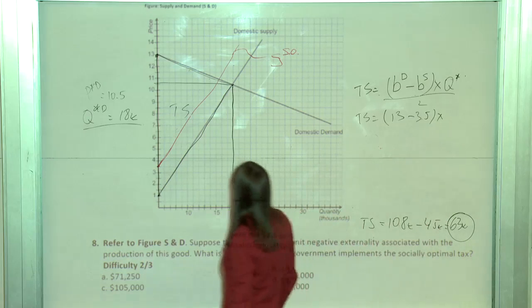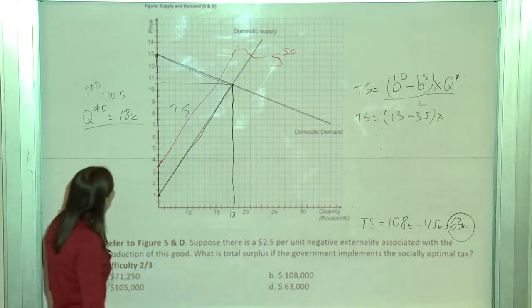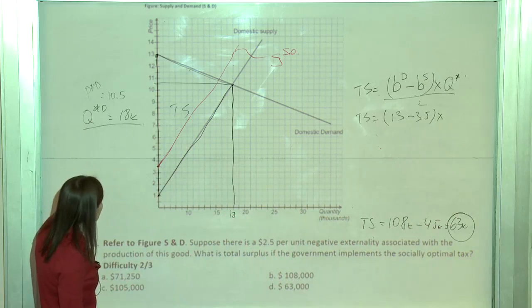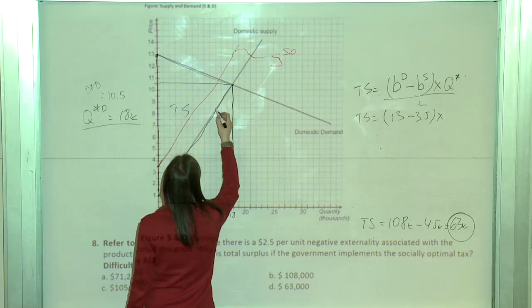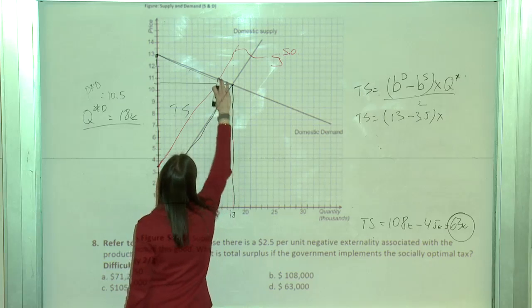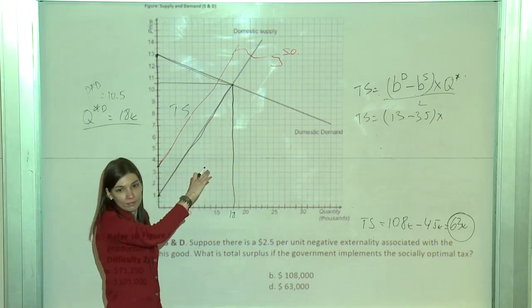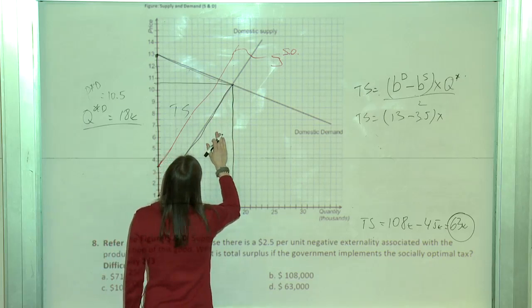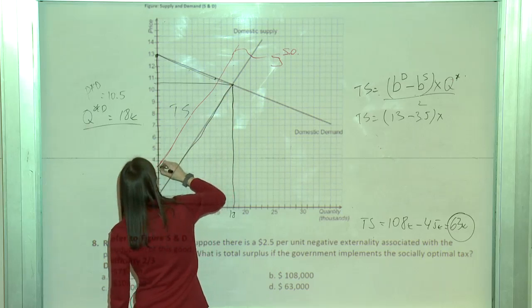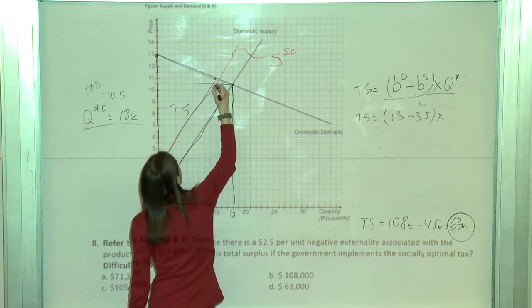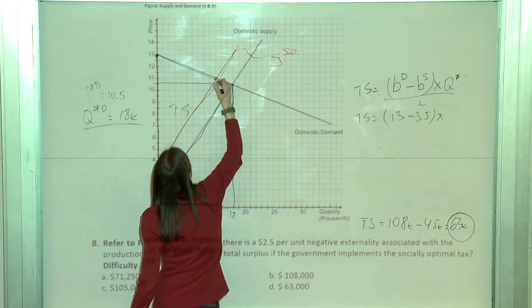And now we need to see where the two intersect so that we get the equilibrium quantity. Well, basically the difference between those two curves should be 2.5. I guess I didn't draw it very straight, but if you had, this is where they would intersect.